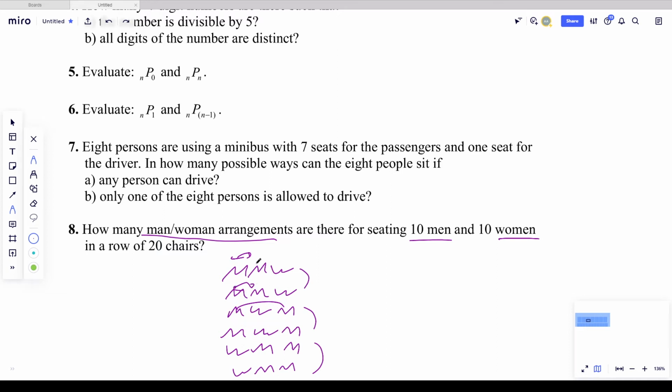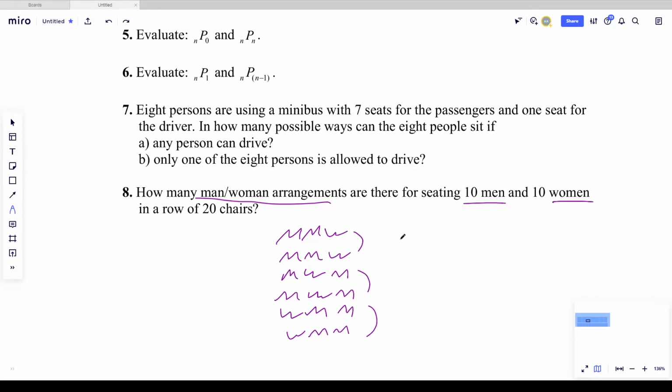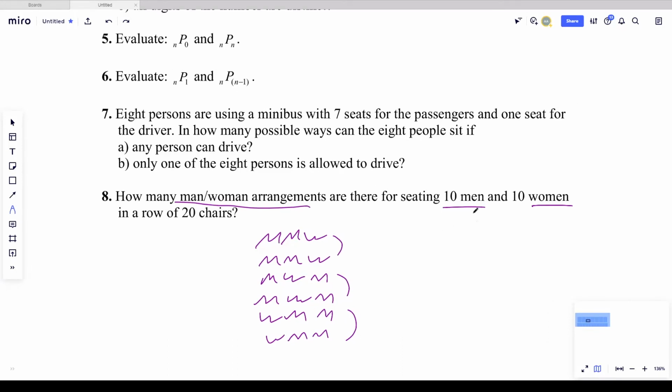However, to actually get rid of this repetition, you divide by the number of people in that category that you're using as one entity. So for example, men as one entity. So what you do is 20 factorial over 10 factorial times 10 factorial, which is the same idea as for letters. If you've done A-level math, you know this really well, because you've done past papers. You would see letter arrangements, like Mississippi and all those questions.